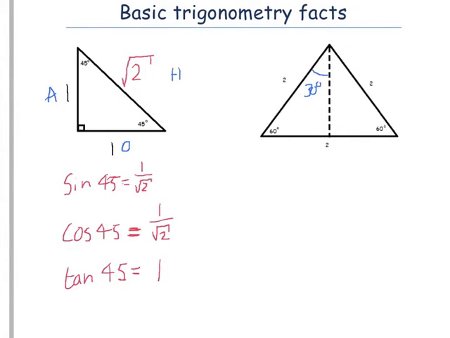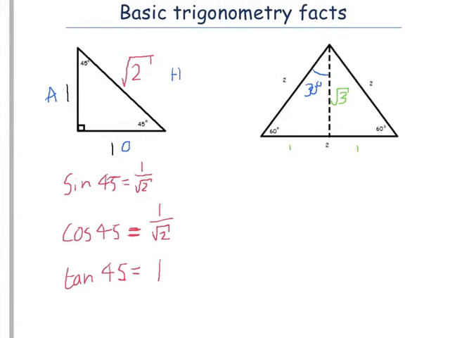We can also split this 2 up here for this base length into two sections, 1 and 1. And we can find this height here by using Pythagoras. Remember that this represents the hypotenuse, so that's 4 minus 1, and square rooted will be equal to root 3.